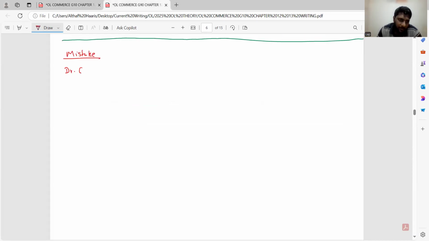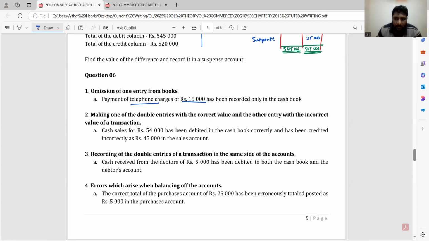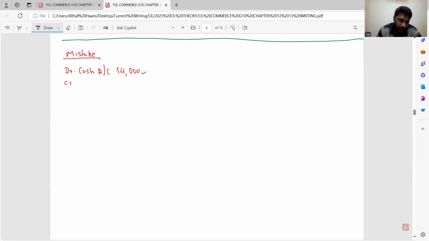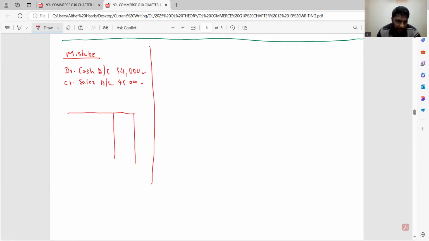Debit cash account 54,000 correctly. And it has been credited incorrectly to the sales account 45,000, which is the wrong thing. So if you prepare a trial balance, you see what might have happened.